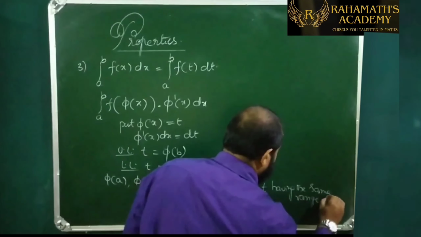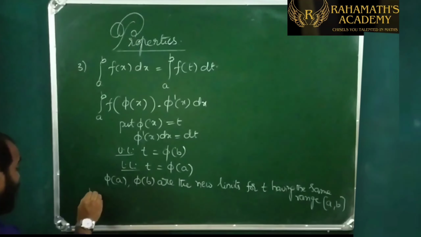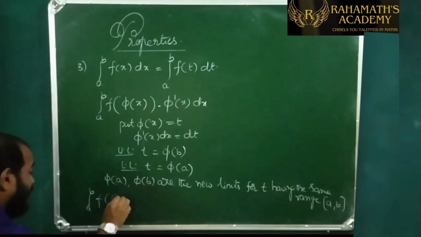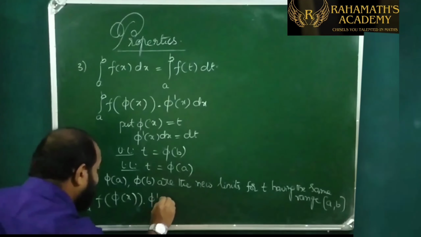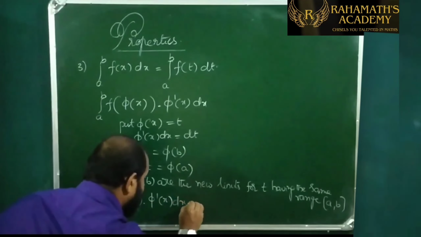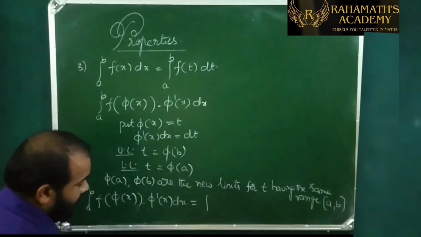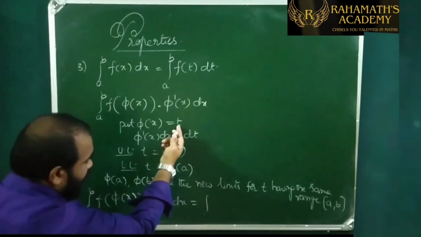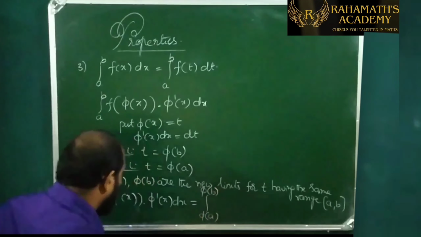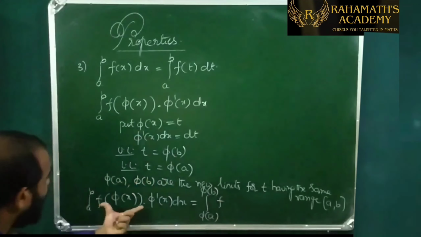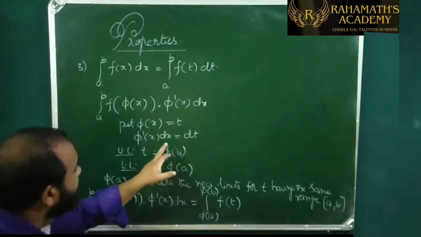Therefore the integral from a to b of f(phi(x)) into phi'(x) dx is equal to the integral with the new limits for the variable t, phi(a) to phi(b). So f(phi(x)) is t and phi'(x) dx is dt.